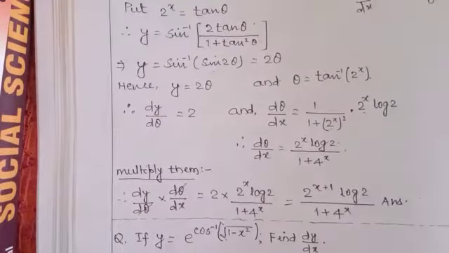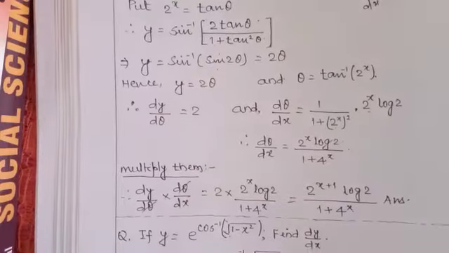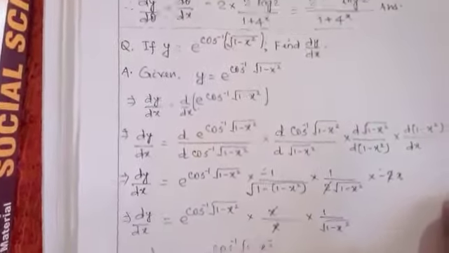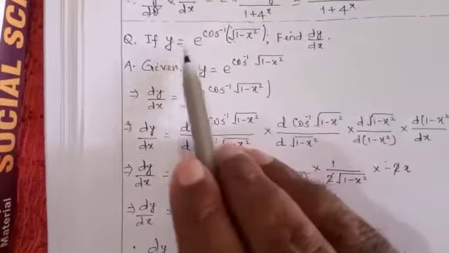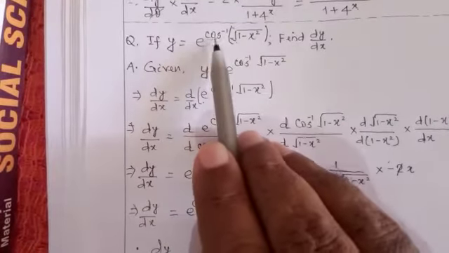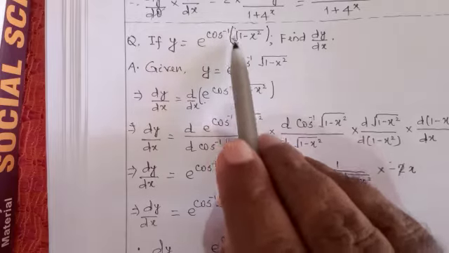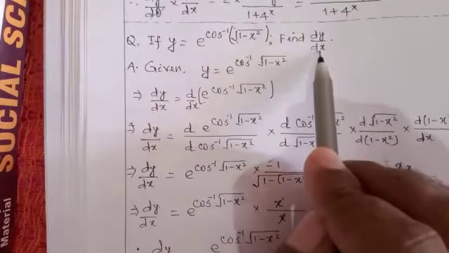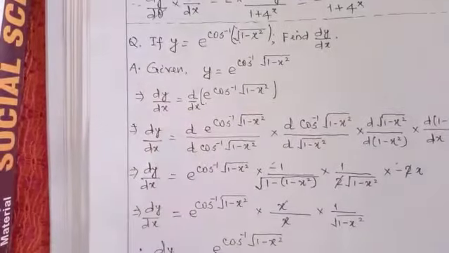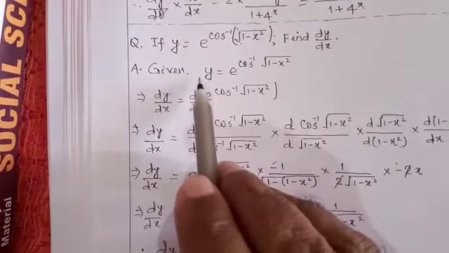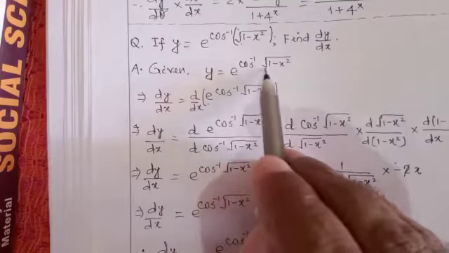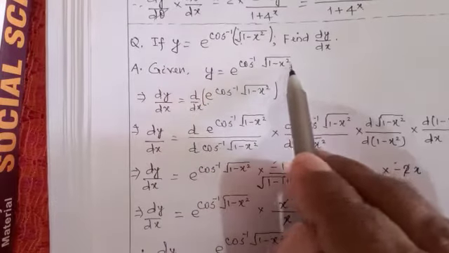See the next question. If y is equal to e to the power cos inverse of under root 1 minus x square, then find dy by dx or differentiate it. What is given? y is equal to e to the power cos inverse under root 1 minus x square.